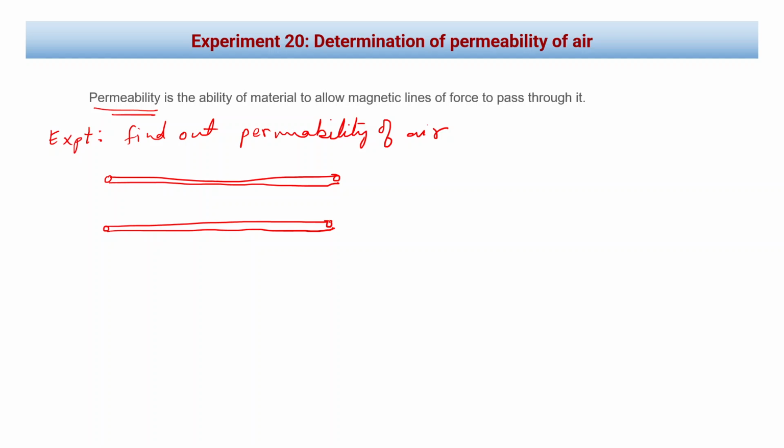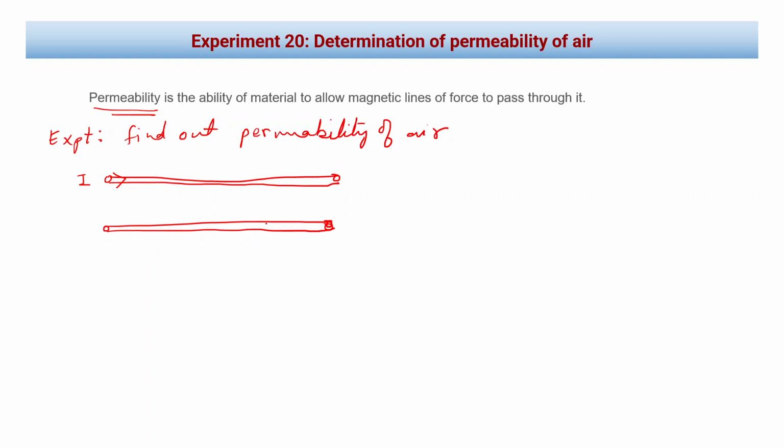Recalling our knowledge about what happens when current passes through a conductor, we know a magnetic field is generated. If we are passing current in this conductor, there will be a magnetic field. From the right hand thumb rule, there will be a magnetic field around this conducting rod.